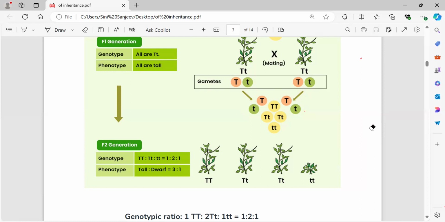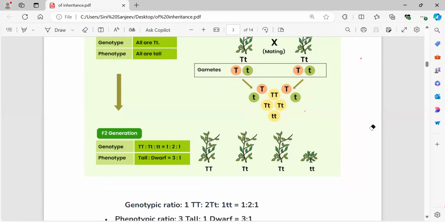So if you count this, one capital TT, you put 1, then two hybrid ones, you put 2, and one small tt, you put 1. So this is basically 1:2:1, the genotypic ratio. Externally, if you read the characteristics, we have 3 tall and 1 dwarf, so the phenotypic ratio is 3:1.